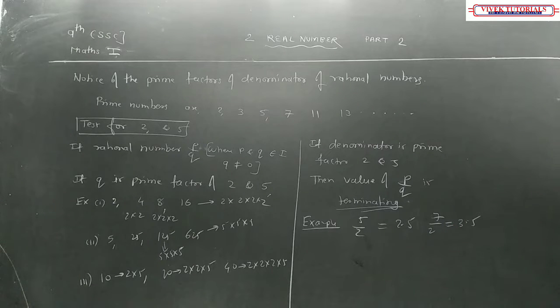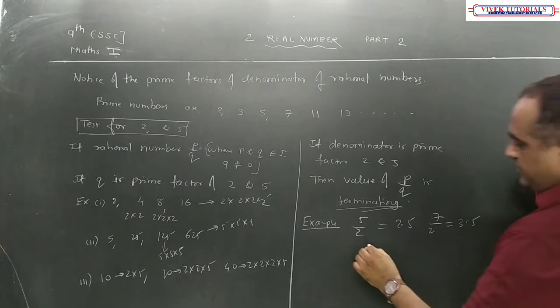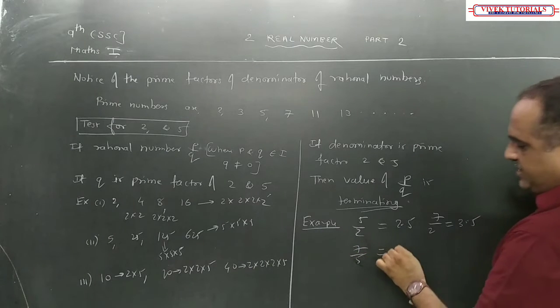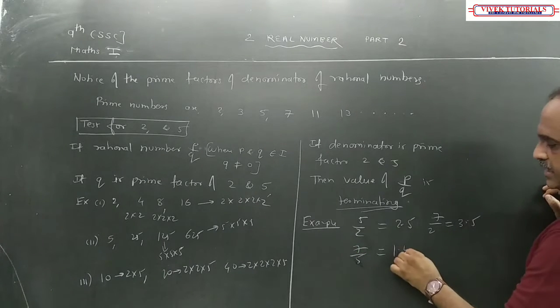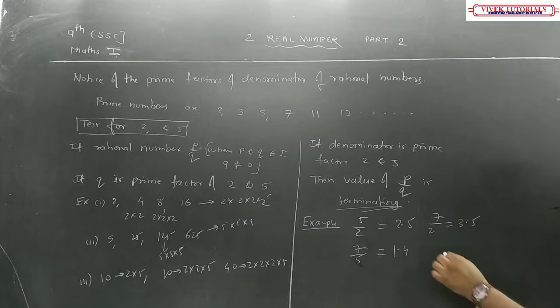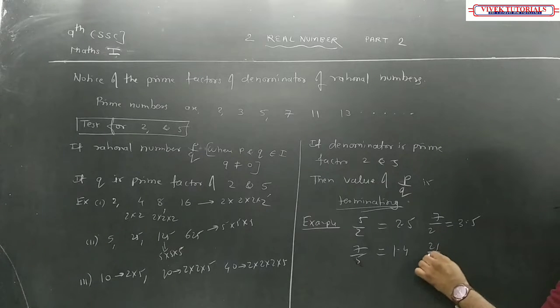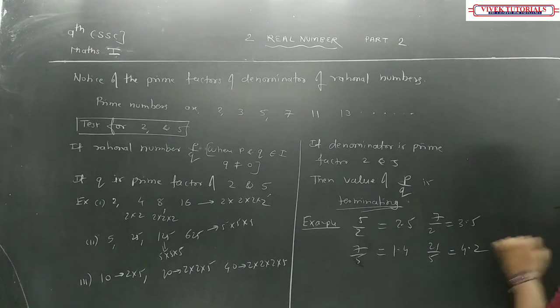It is going to terminate. Or 7/5 is there, 5 ones are 5, 5 fours are 20. Or 21/5, 5 fours are 20. So these are there. Is it right?